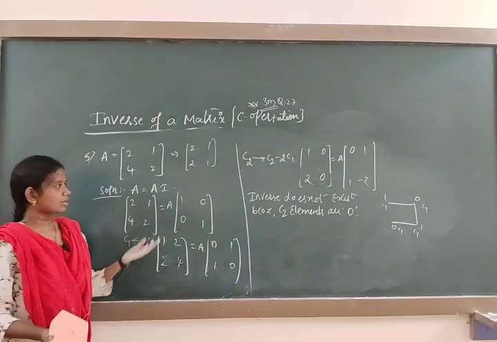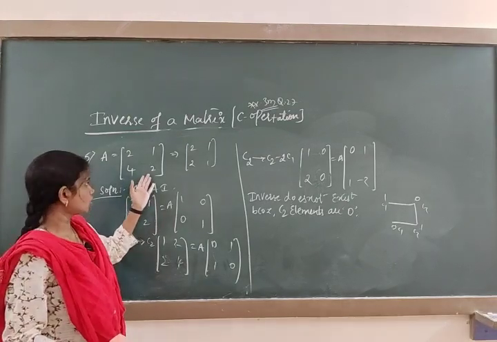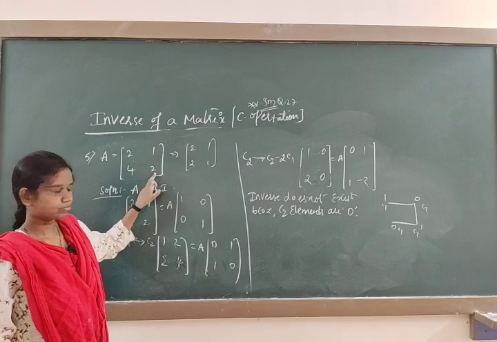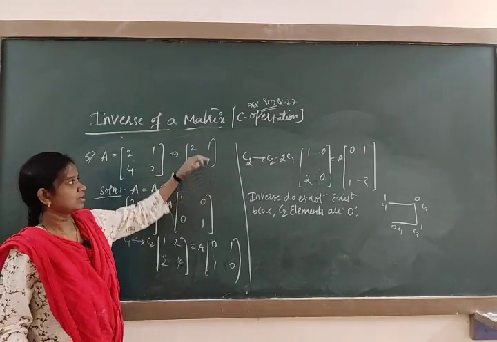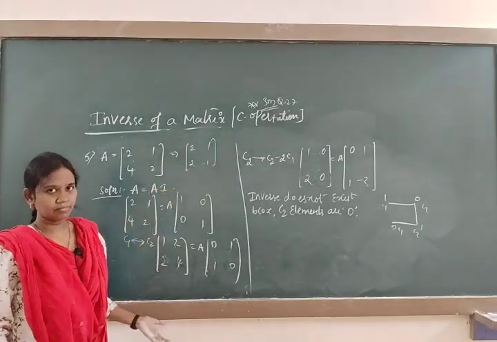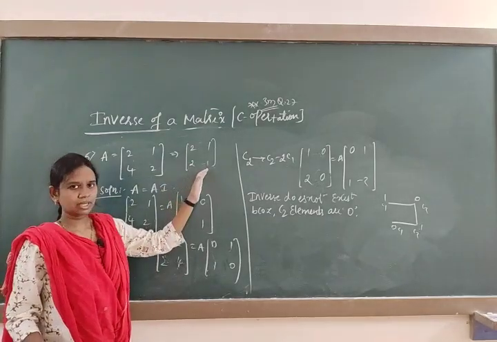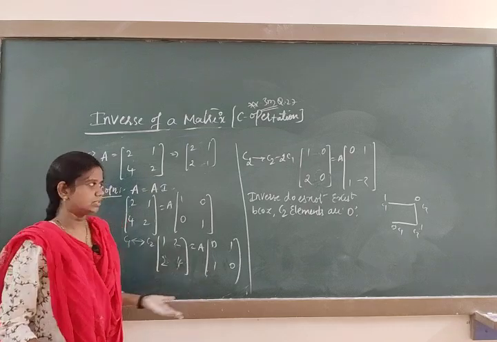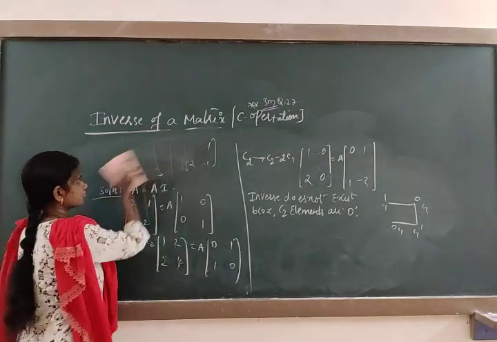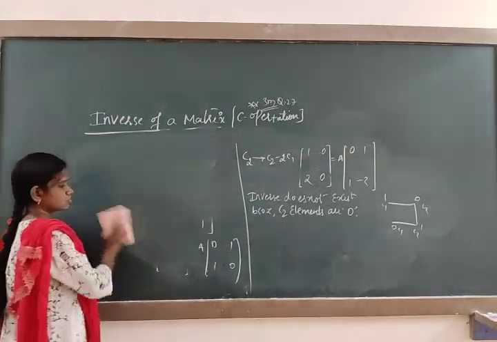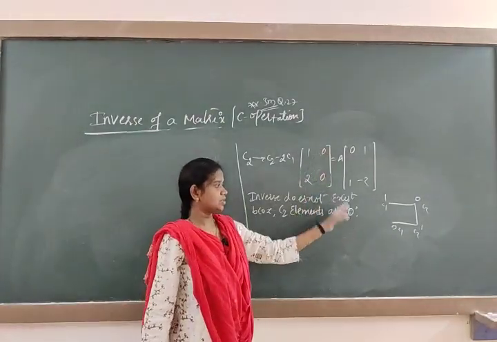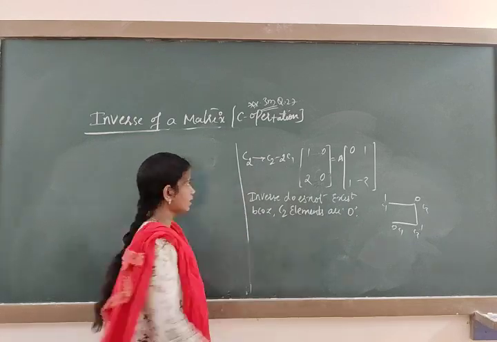We can easily recognize whether the inverse exists or not. 2 1 4 2, if I divide the second row by 2, then it will again be 2 1. The first row and second row will be the same. When both rows are the same or both columns are the same, the inverse will not exist. Or you can also find that if any row or any column is completely 0, then also the inverse does not exist.